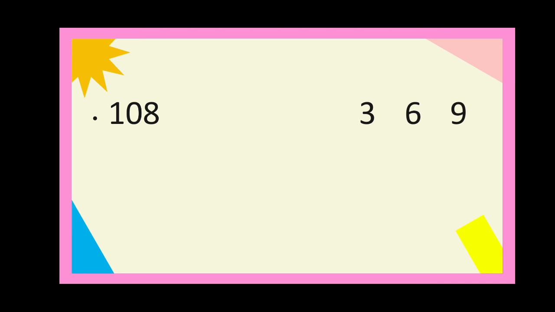First one, add all the digits. 1 plus 0 plus 8 equals 18. 18 divided by 3 equals 6. Now, since walang remainder, 18 is divisible by 3, and 108 is also divisible by 3. So, in-circle natin ang 3.